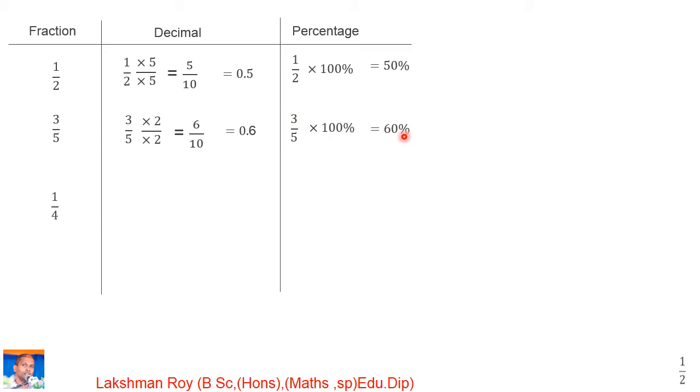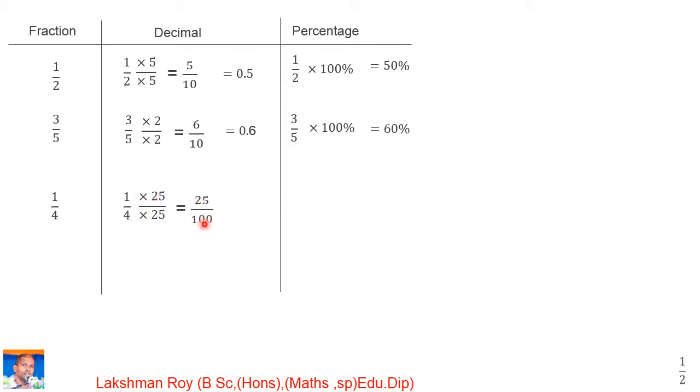Next one, 1/4, how to write as a decimal? You can't make 10 by multiplying by any number, so you have to multiply to make 100 here. That means you have to multiply by 25, then you get 1 into 25, 25, 4 into 25, 100.